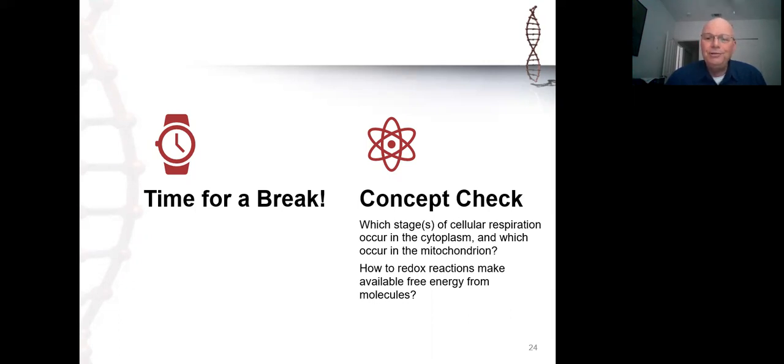How do redox reactions make free energy available from molecules? By moving electrons from non-polar covalent bonds to polar covalent bonds, from a low electronegativity, high potential energy situation to a high electronegativity, low potential energy situation.